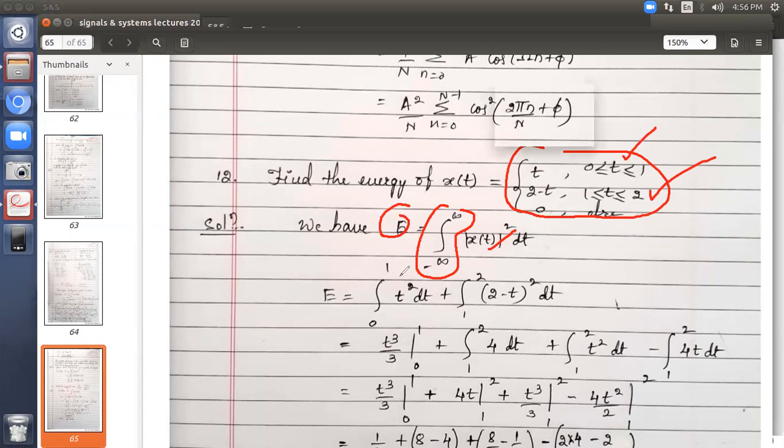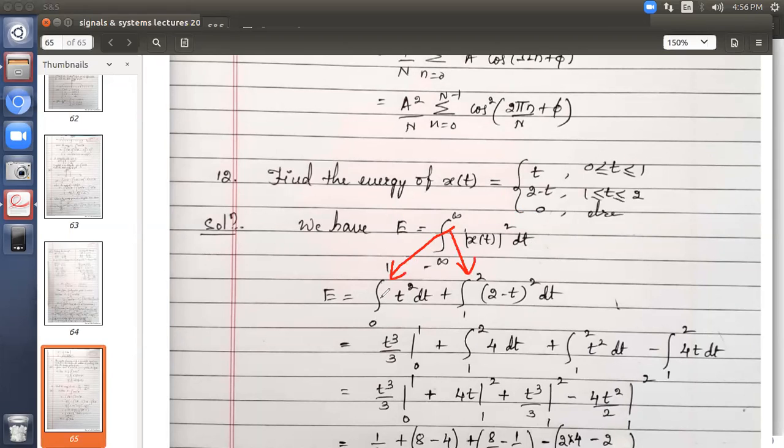So I will split this total integration into two parts, 0 to 1 and 1 to 2. For 0 to 1, it is t, so it is t square. Don't forget the square. And for 1 to 2, it is 2 minus t, so 2 minus t whole square. Don't forget the square term.